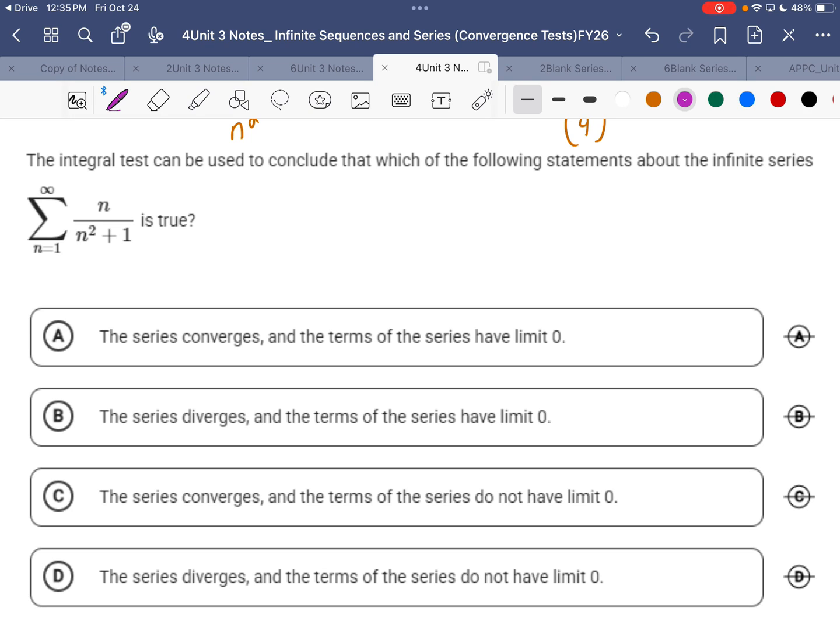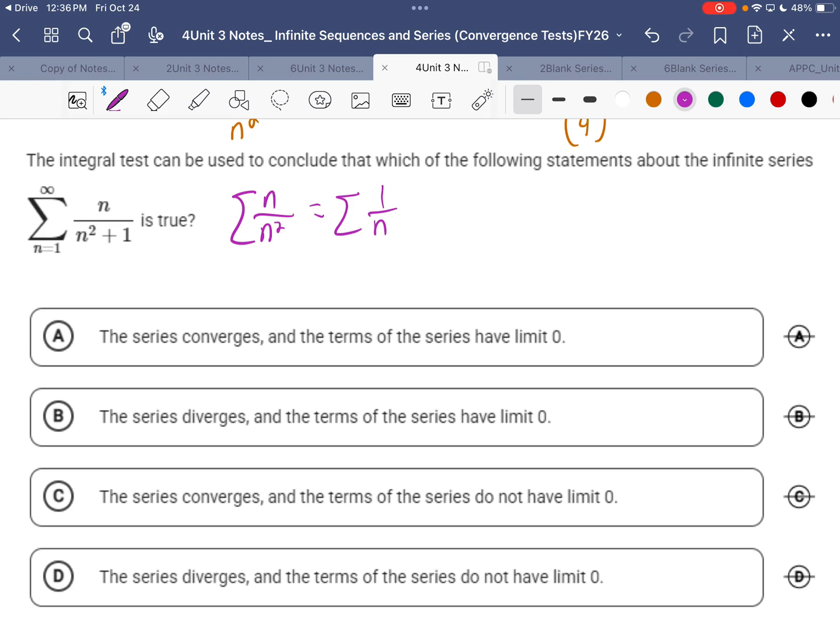All right, so the integral test question. If it's a multiple choice question, do you think you have to actually do the integral test? No. What test did you do instead? I did the limit comparison test, and I compared it with n over n squared. Okay, and is it diverging?